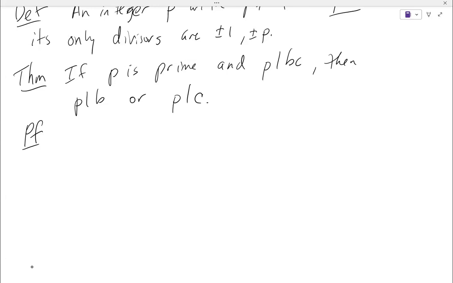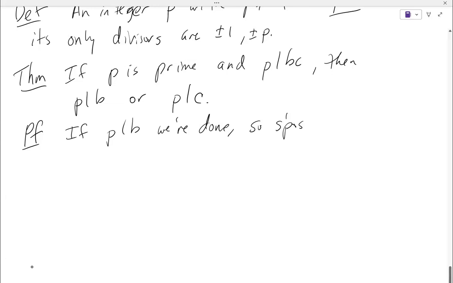Either P divides B or P divides C. Could divide both, but it has to divide one of them. So when we try to prove an or statement, typically we assume it doesn't happen for the first one and then prove it has to happen for the second one. Okay. So this is one of the reasons why I like doing this particular type of proof, is it gives that proof technique. So if P divides B, we're done.